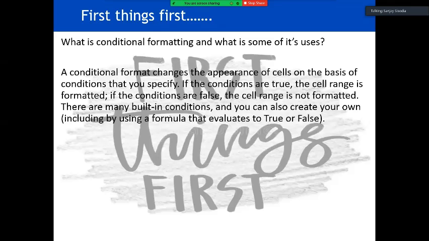That means whatever conditions you have decided or whatever conditions you have set, if those conditions are met, then only the format of the cell will change. If the condition is false, that means the conditions which you have defined earlier are not met, then the cell range will not be formatted. There are many built-in conditions, and you can also create your own, including the formulas that evaluate to be true or false.